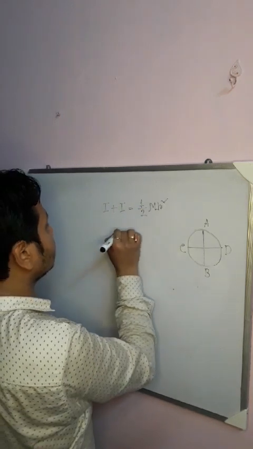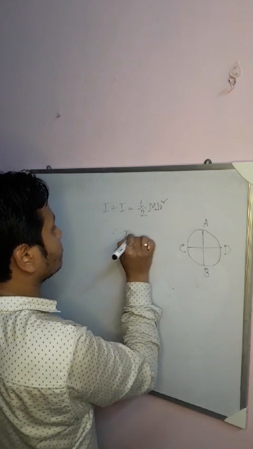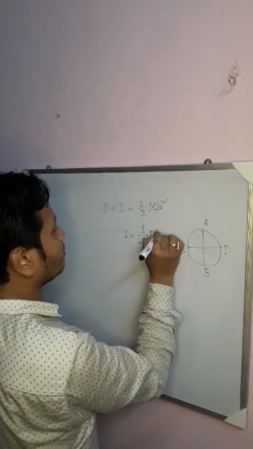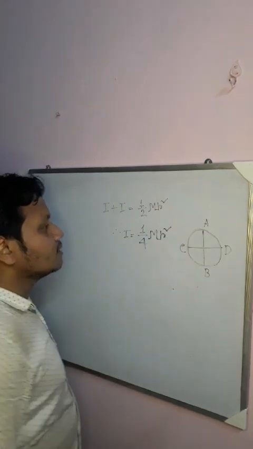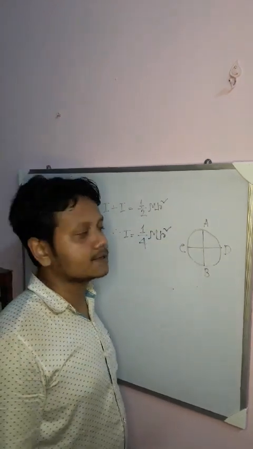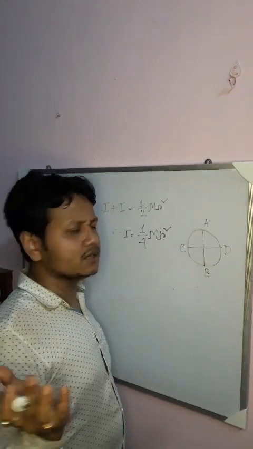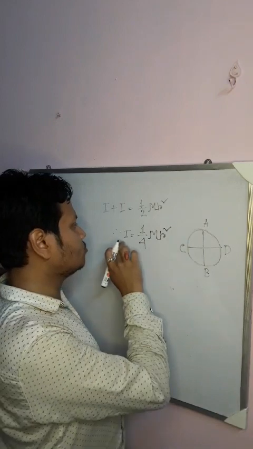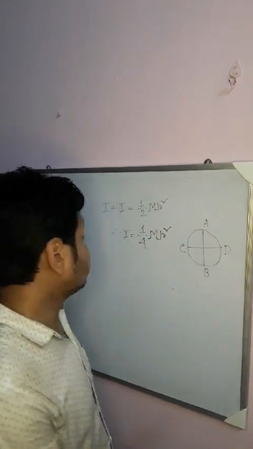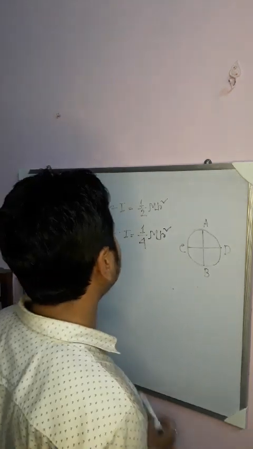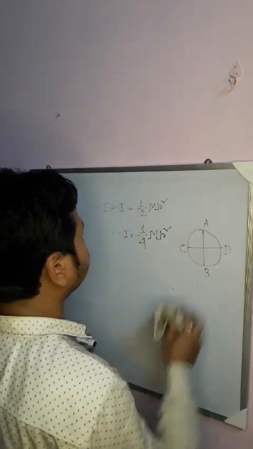So I is equal to 1/4 m r square. This is the moment of inertia of the circular disc about a diameter, and you can also write it as I diameter, or just I, no problem.